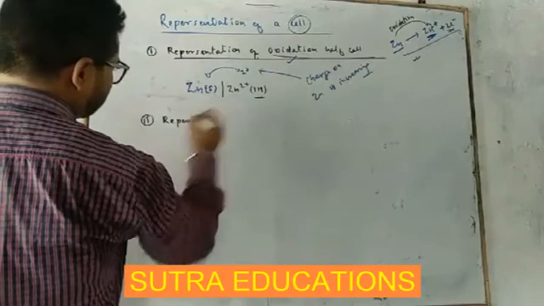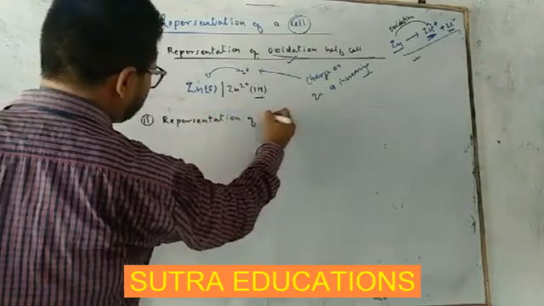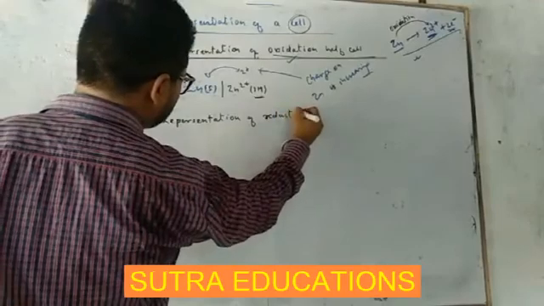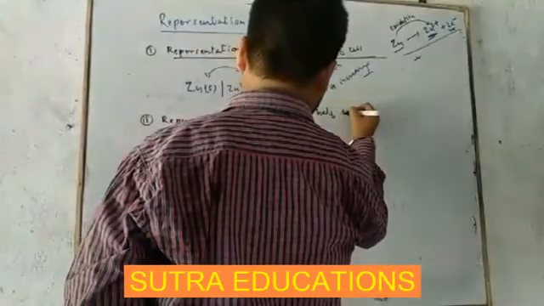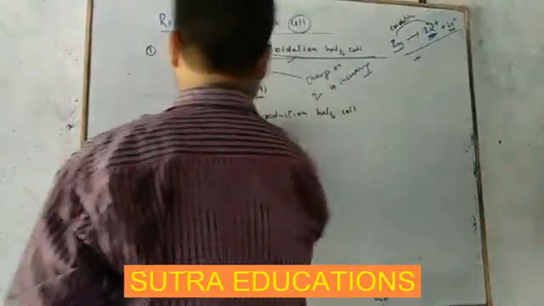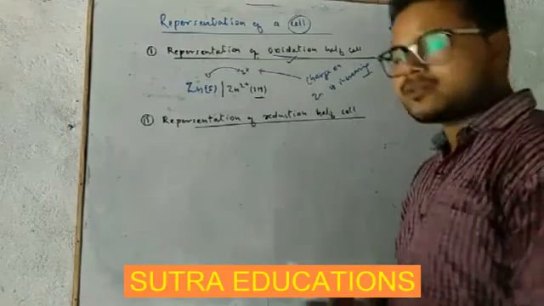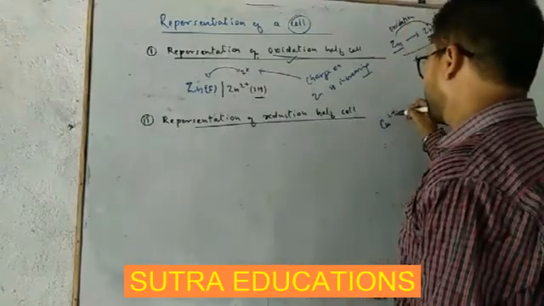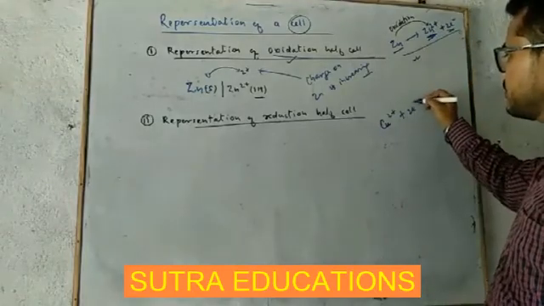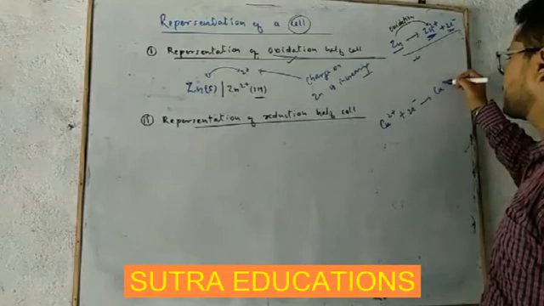Okay. Now come to representation of reduction half cell. So how to represent it? Reduction means what? For example, say it is copper, Cu2 plus. When it accepts 2 electrons, it becomes Cu.